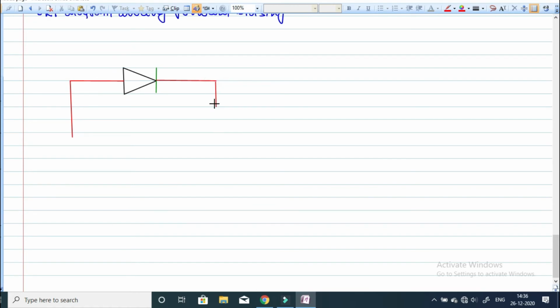One ammeter, a milliammeter, we will connect here. One battery is here, and one voltmeter is connected to measure the potential difference.